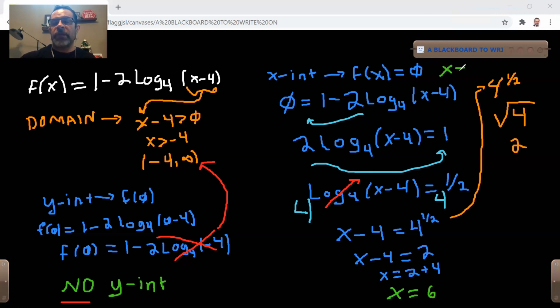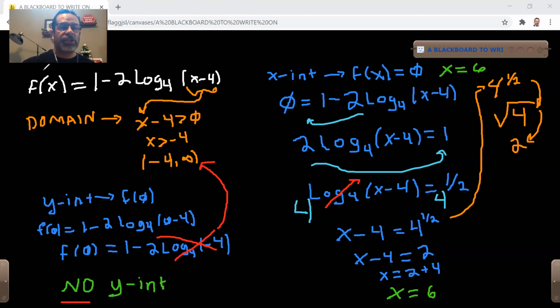And so now we found the x and the y intercepts. The last thing we need to do now is sketch the graph of this function. To do that, I'm going to clear the drawings here.